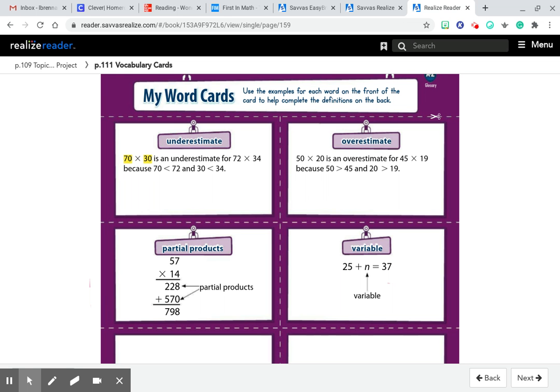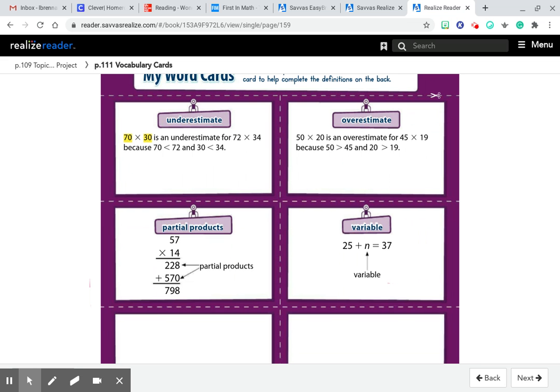Partial products, if you recall from 4th grade, this is the multiplication algorithm where we stack our values on top of each other, not by place value. We just chuck them in there, and we use the times multiplication sign. And the first thing we do is we multiply out the ones place value.